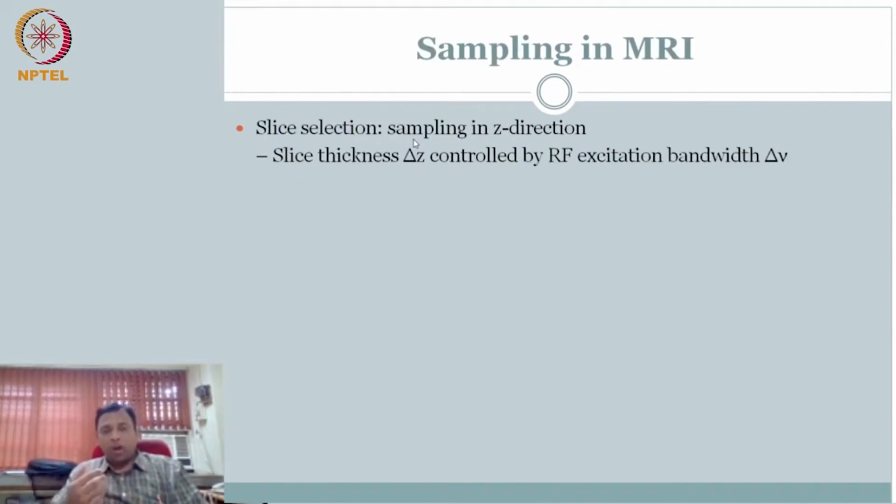Before we formally get into resolution, we'll have to talk about sampling, because the data that you're collecting is sampled. Remember, first we started with Z selection. So you already have a slice thickness delta Z. That delta Z is controlled by your RF excitation frequency bandwidth. In fact, to some level we covered ideal slice thickness and your actual slice thickness, because you have a finite sinc pulse, right?